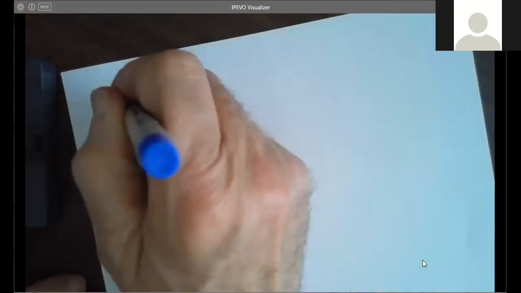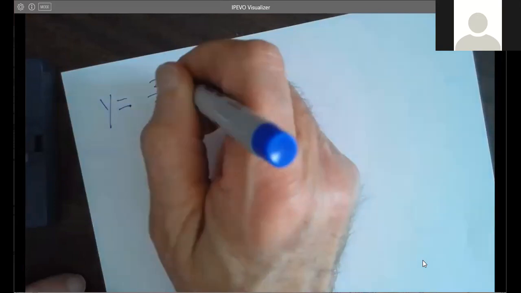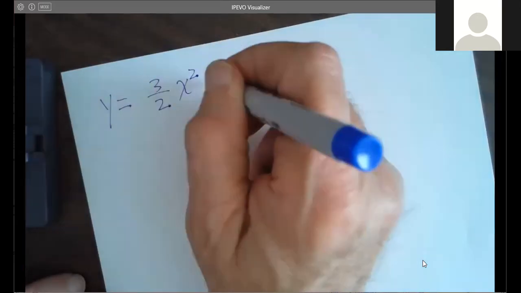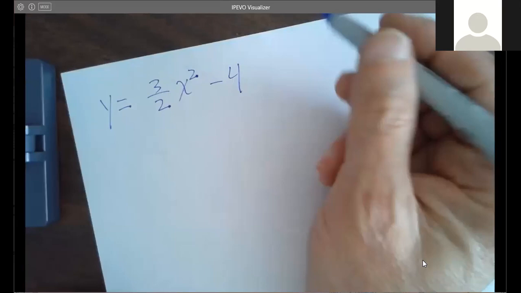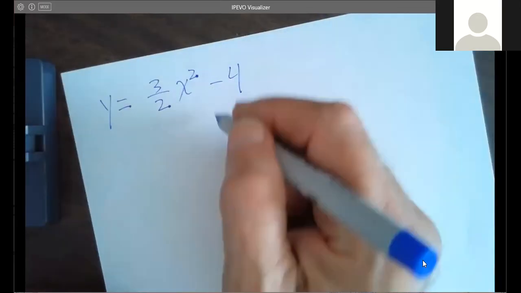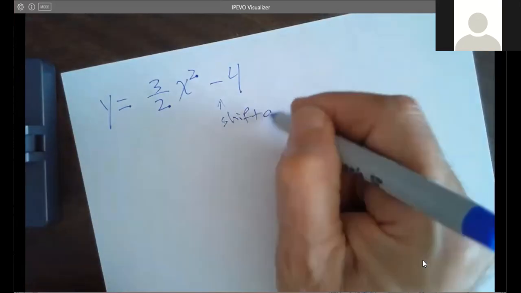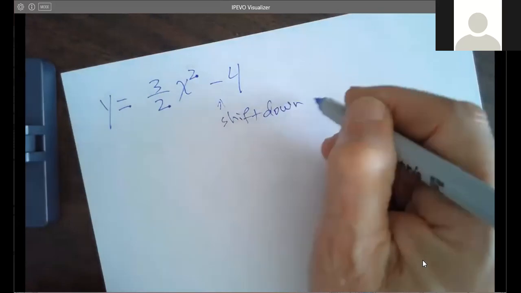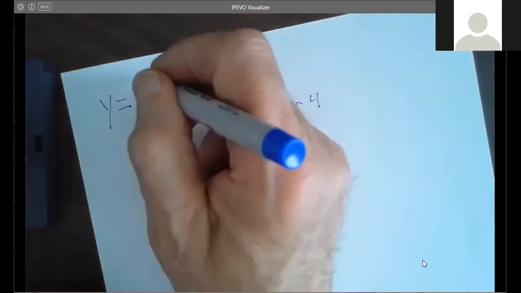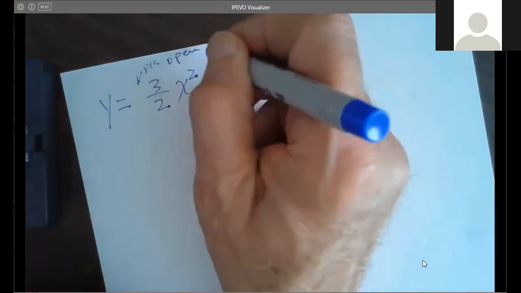And we've got here y equals 3 halves x squared minus 4. Now there's no parentheses here, so it's not going to move right or left. So this is only going to make it shift down 4 spaces. And because this is positive, it's going to open up.